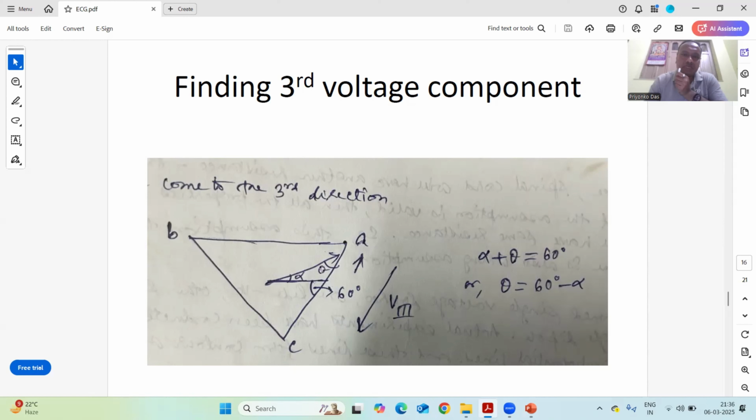While I am finding this theta, because at making angle this theta, this V3 is acting downward. So if I find the value of this theta, then my task is over to calculate this V3. So to find out this theta, alpha plus theta is equal to 60 degree, such that this theta becomes 60 minus alpha.